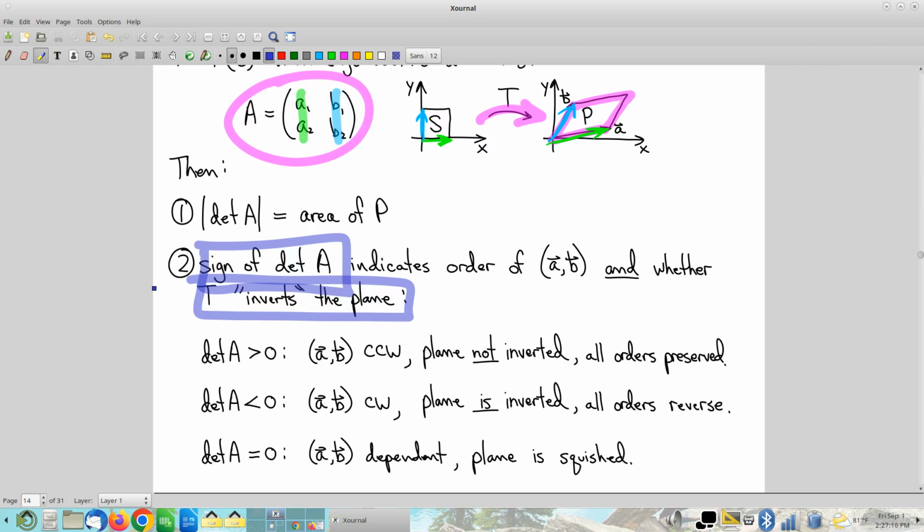If you think about it, stretching preserves order. Shearing preserves order. What was the other one? Rotation preserves order. But it could also involve a reflection. Reflection does not preserve order, right?